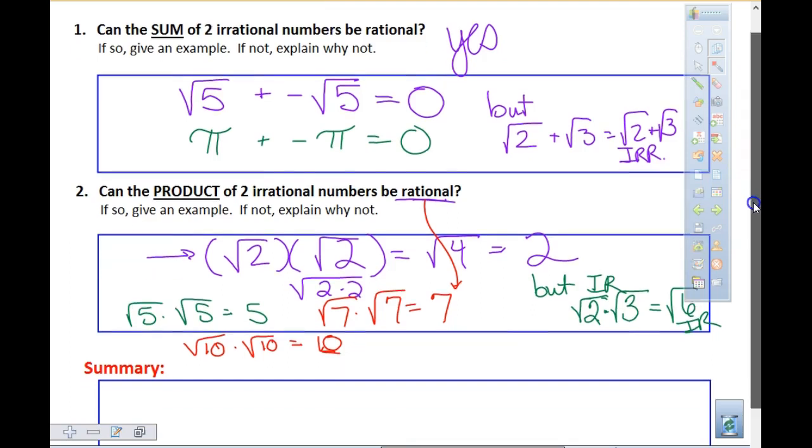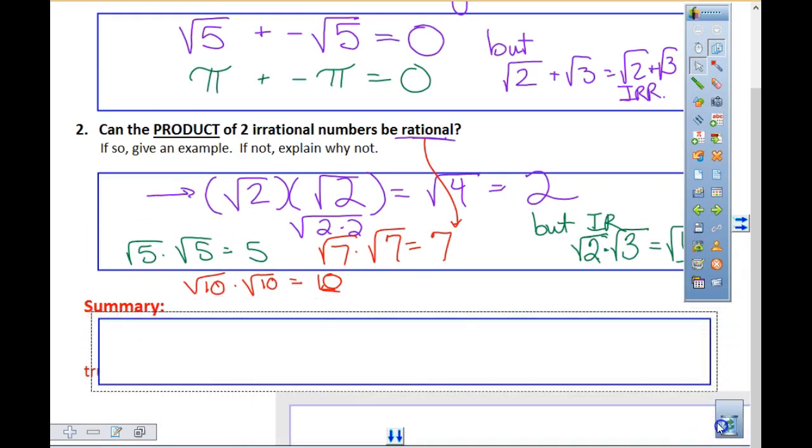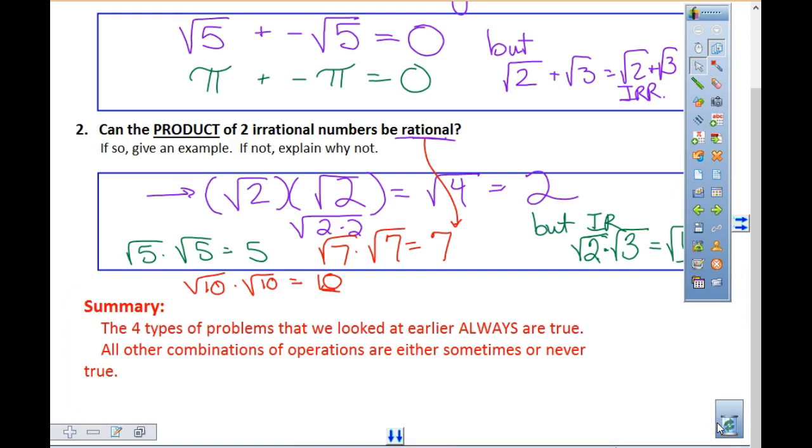So, in summary, what do we know? We know that, and again, my writing sometimes isn't the best, so sometimes I like to use this. We have 4 types of problems that we looked at that are always true. So when you go back, the rational plus irrational, that product and multiplying, those first 4 types, those are always true.